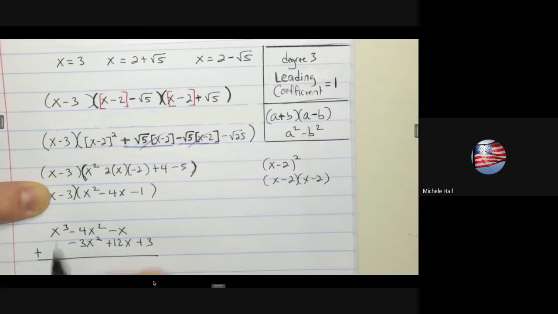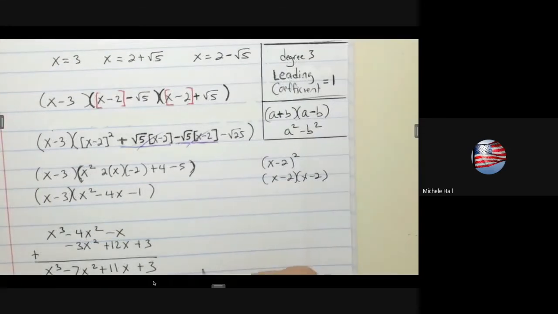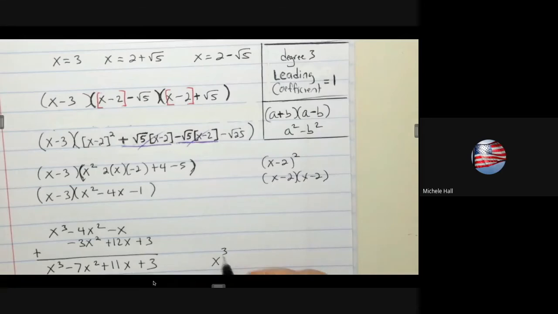Add it up. X cubed. Negative 4 and negative 3 is negative 7x squared. 12x minus 1x is a positive 11x, and then plus 3. Our final answer, x cubed minus 7x squared plus 11x plus 3.